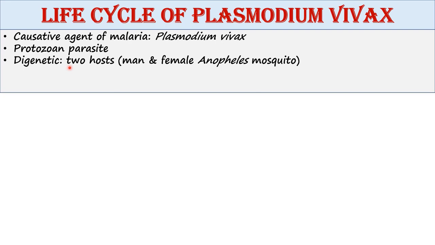And the two hosts are man and female Anopheles mosquito. Its life cycle includes both asexual and sexual phases. The asexual phase of its life cycle is completed in man and the sexual phase is completed in the female Anopheles mosquito.